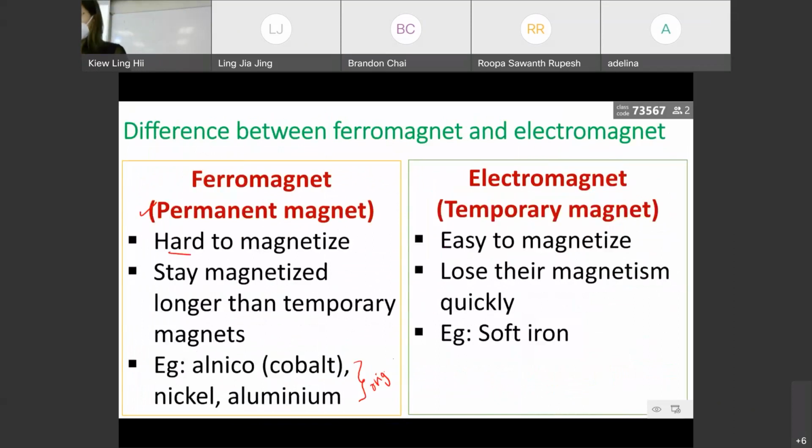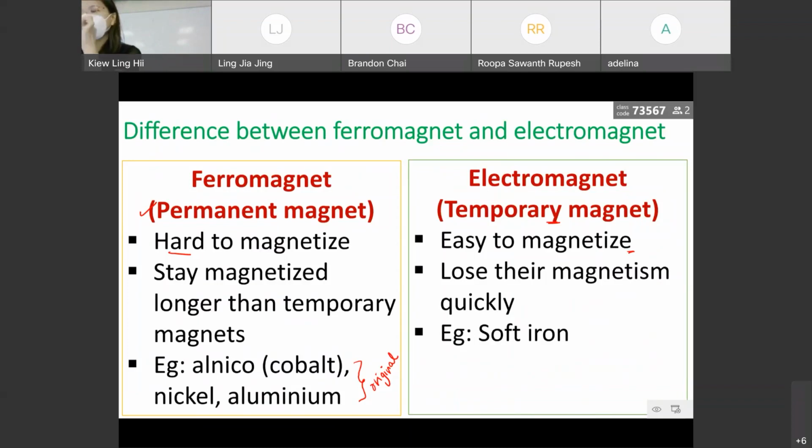They are original magnets. As for an electromagnet, it is a temporary magnet. So it can be magnetized. How do you magnetize a metal into a magnet? You just put it together with a magnet for a very long time. Then when you separate them, the metal will also be able to attract certain metals.